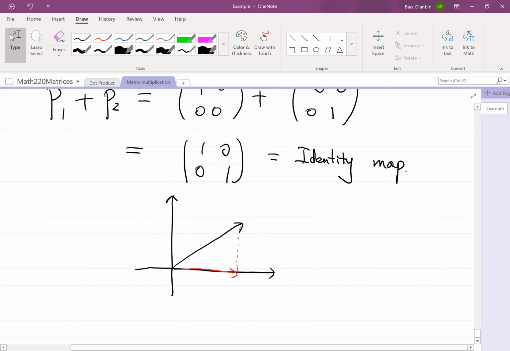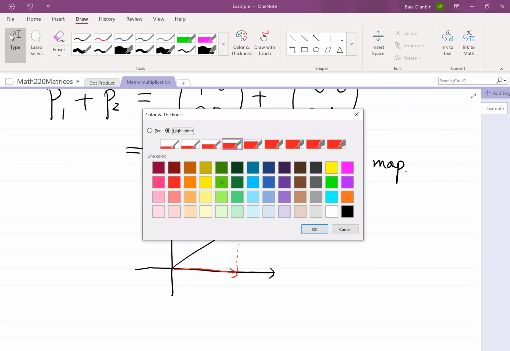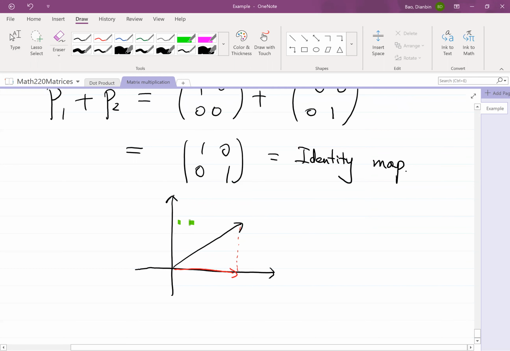And then you can also project onto the y-axis. If you add this together, the projection on x and the projection on y, you get the original vector itself.